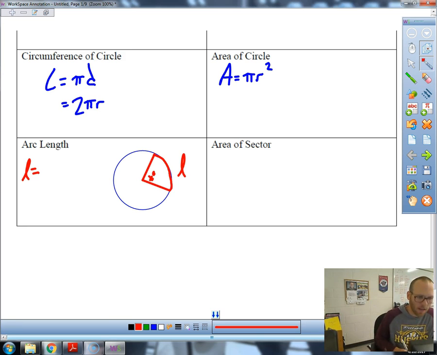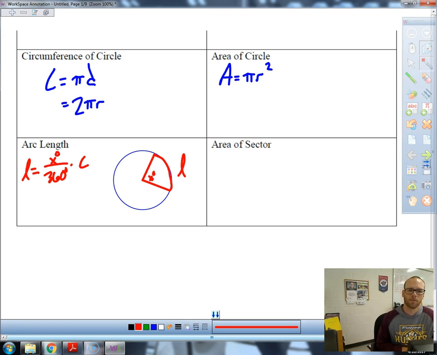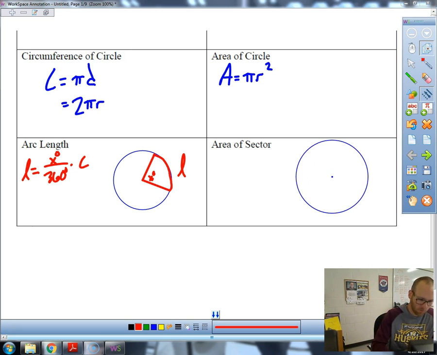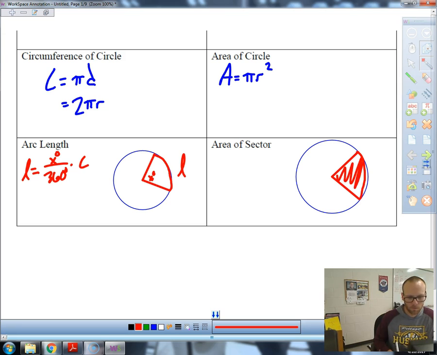I used this angle, x out of 360 of the circumference. Okay. So when we find the area of a sector, the area of the sector is just the fraction of the area of the circle.